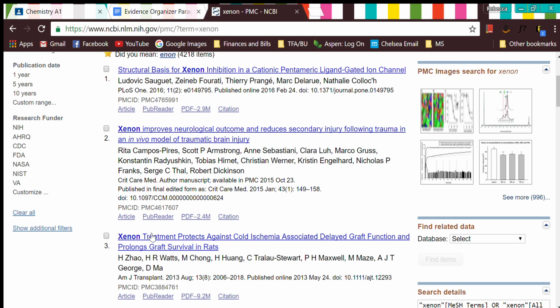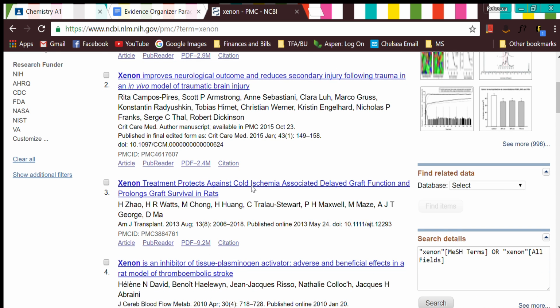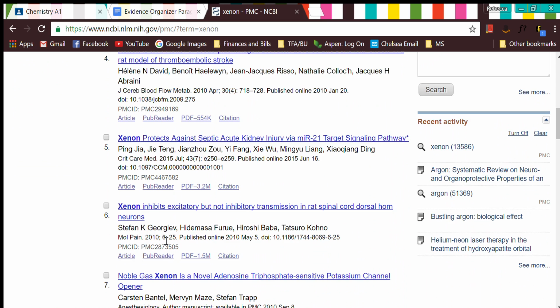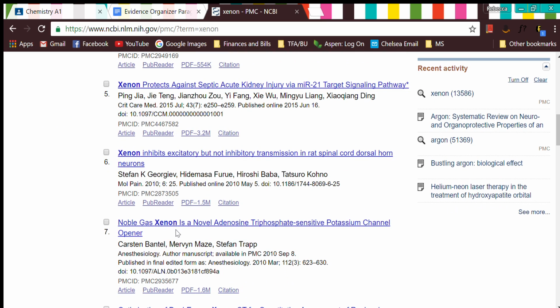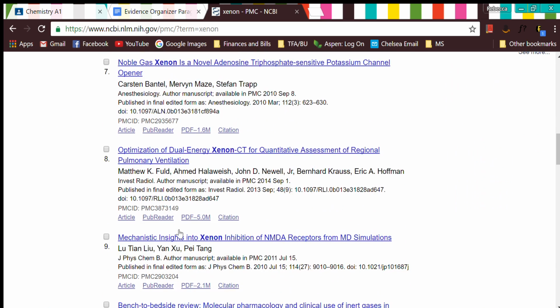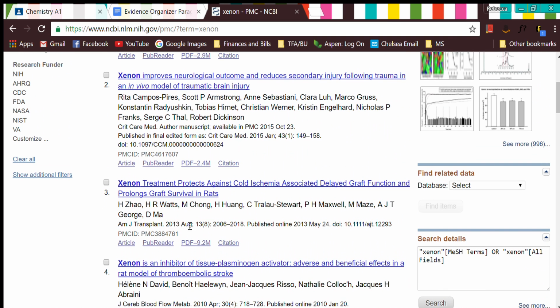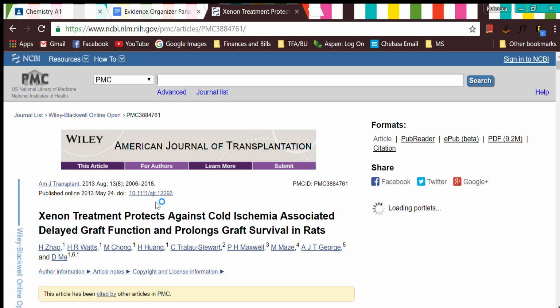That sounds interesting. It protects against cold ischemia. Let's click that one because it sounds like something I might understand.